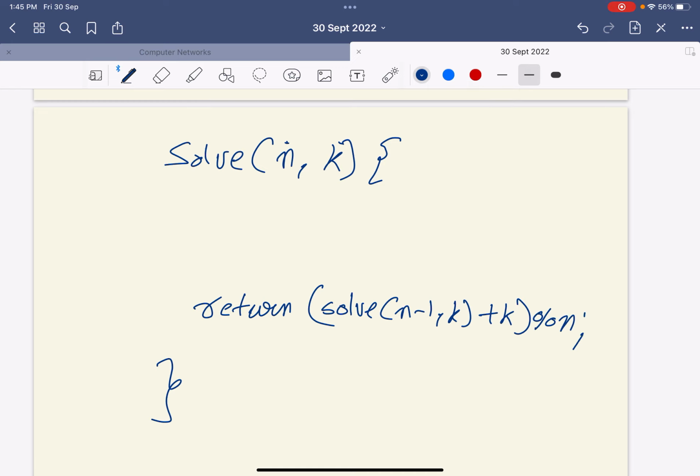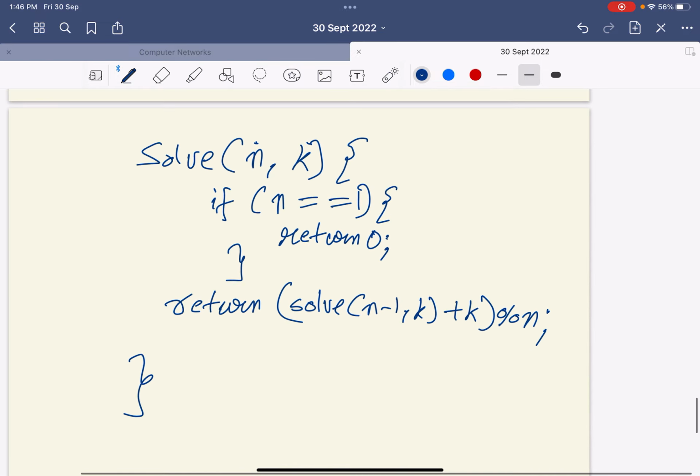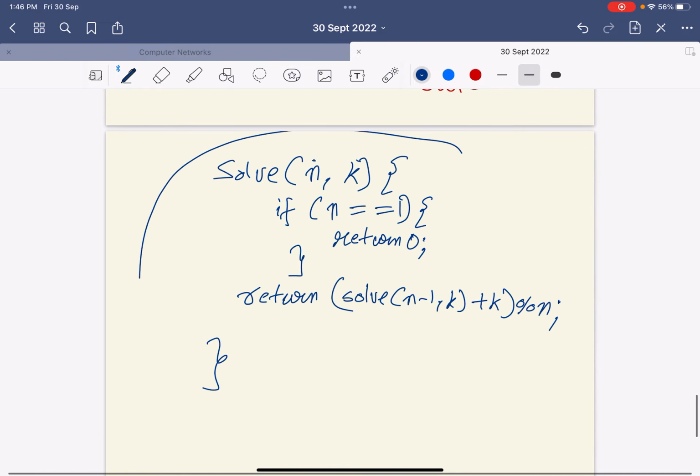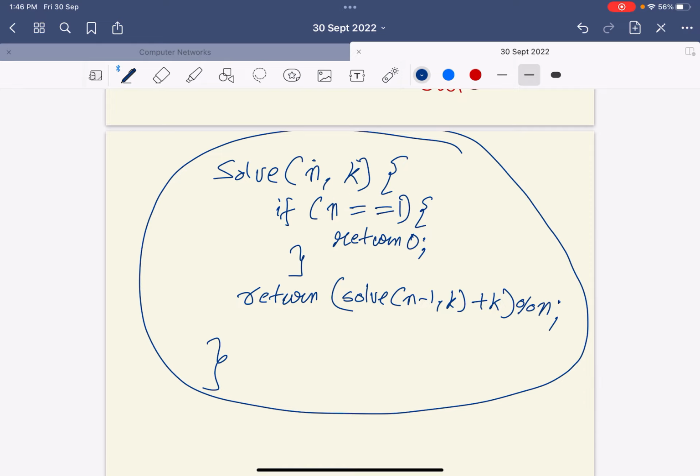I will return that. And what if n is equal to 1? Then I will not decrease n further, because I don't need to reduce my input further, and in that case I can simply return 0. So this function will do my job, and this will return the answer with 0 based indexing.